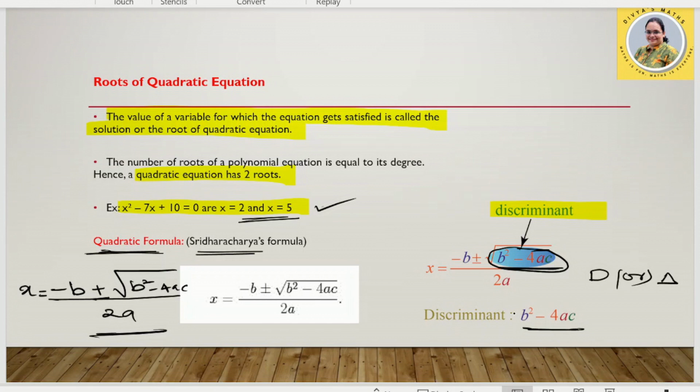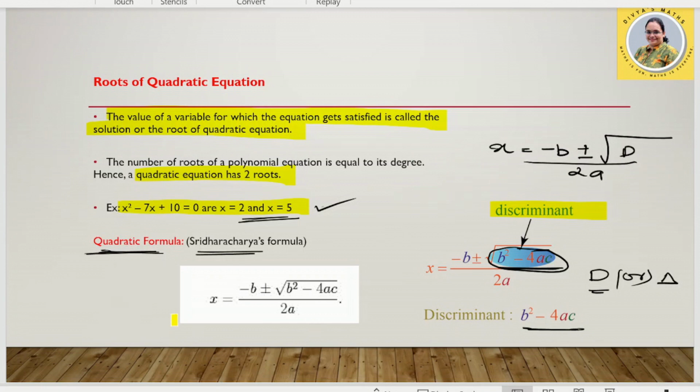So here b square minus 4ac can be replaced with D. If you replace b square minus 4ac with D, the formula changes to x equals minus b plus or minus root of D by 2a.